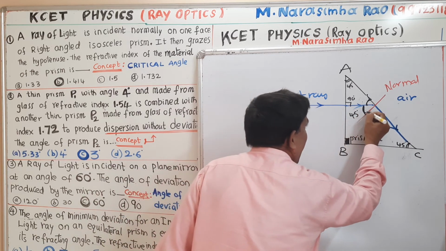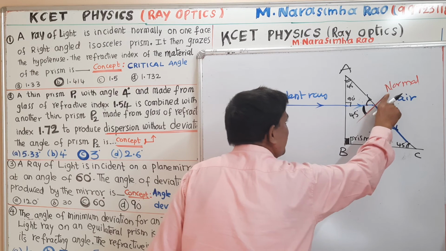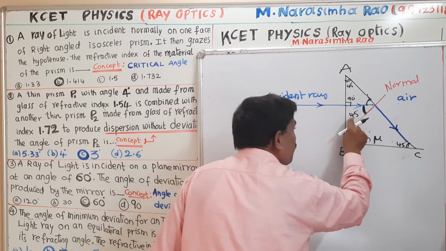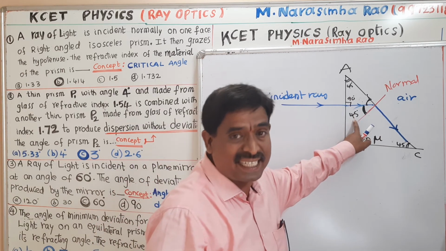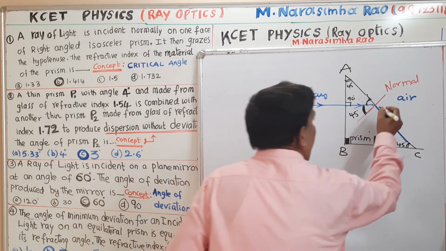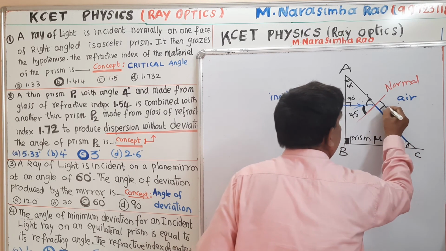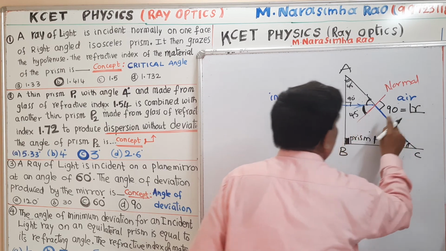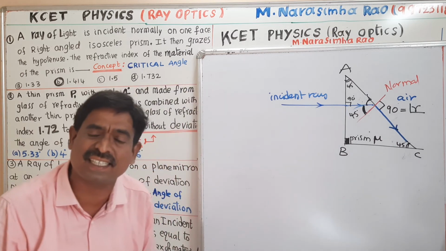This is the angle between the incident ray and the normal, we are calling it the angle of incidence. Here, the angle of refraction in the air medium is 90 degrees.